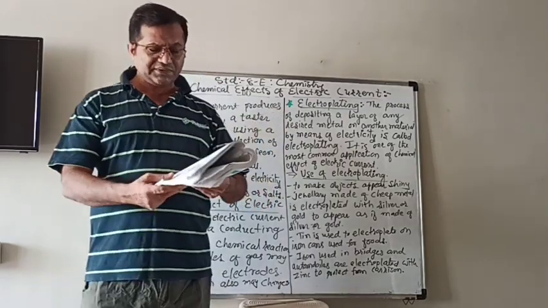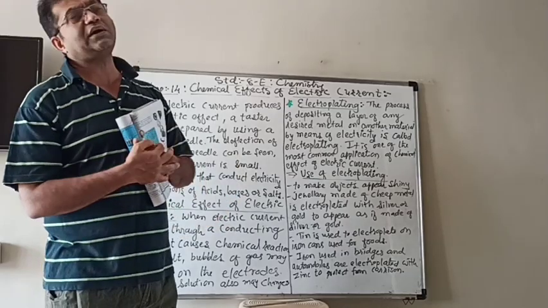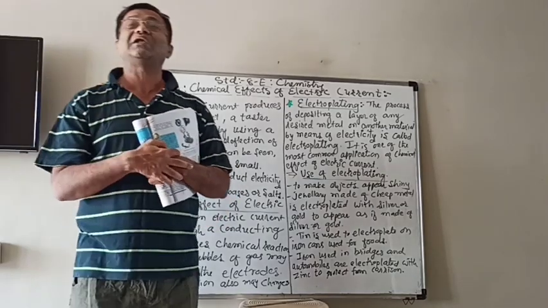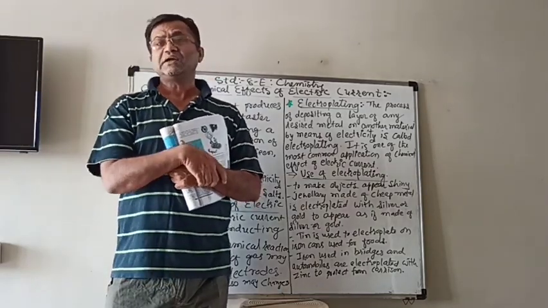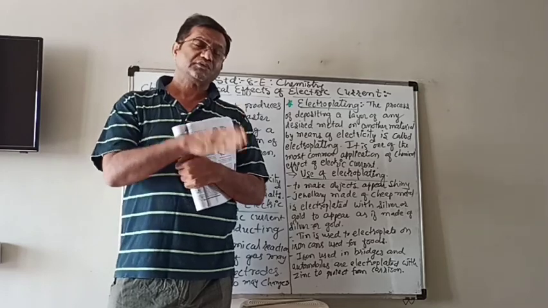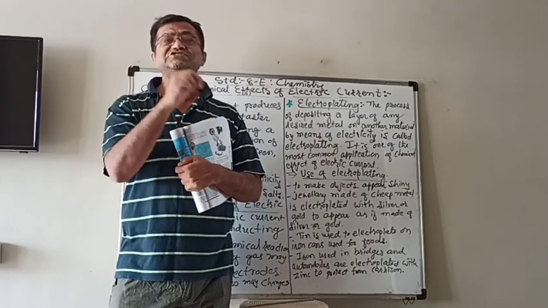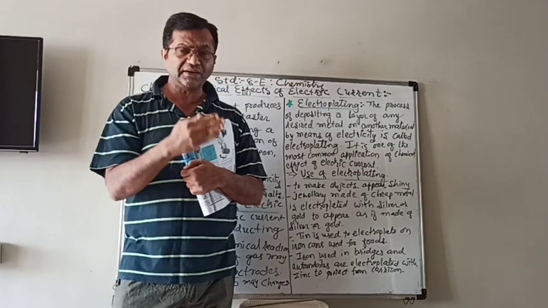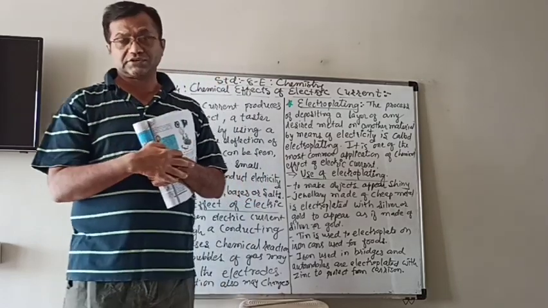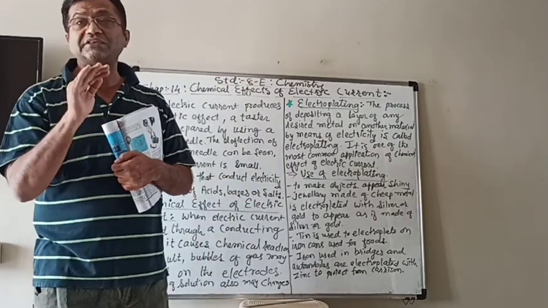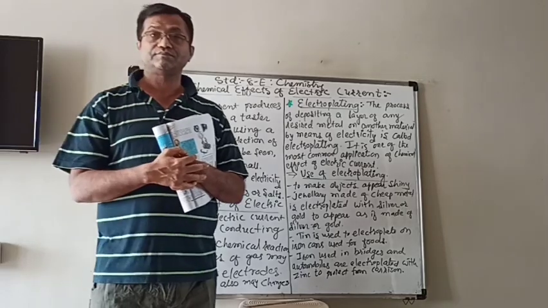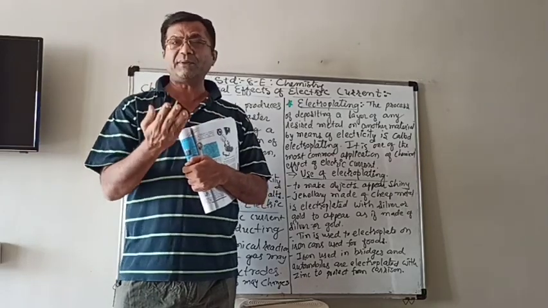And sometimes maybe you have heard about jewelry. Generally the ladies buy jewelry of cheap metal and then electroplate it with a layer of either silver or gold. So now what happens?